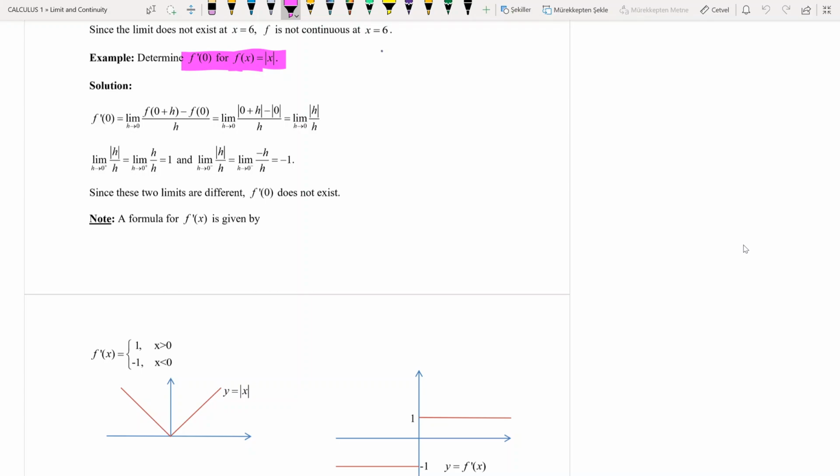Let me use the formal definition of derivative and check the function. Derivative of f at the point 0 is equal to, this is the limit definition of derivative, f of x0 plus h, which is f of 0 plus h minus f of 0, divided by h.